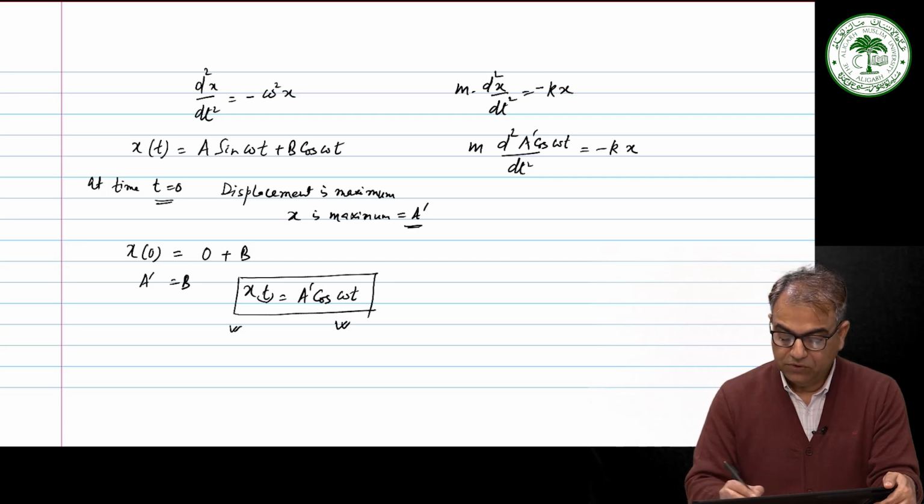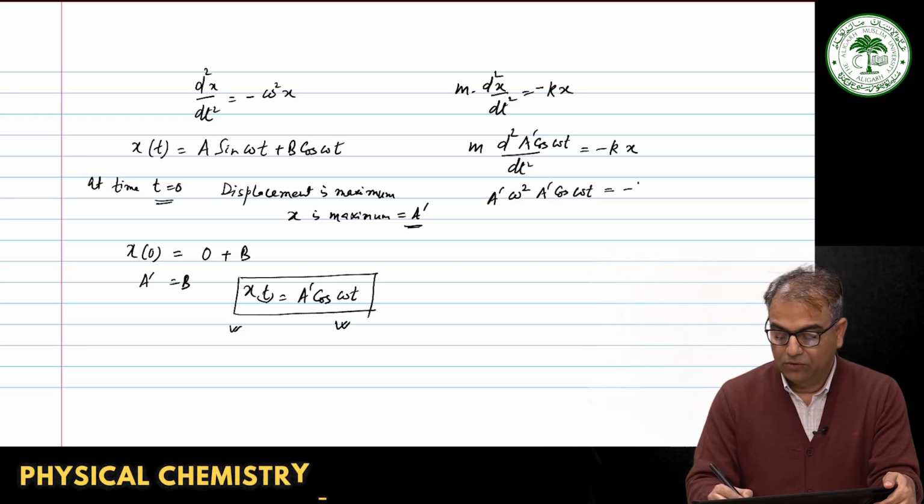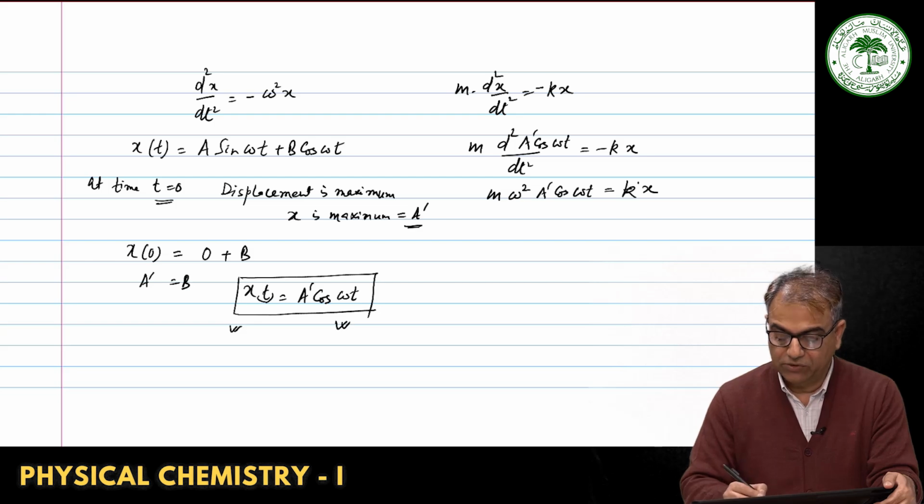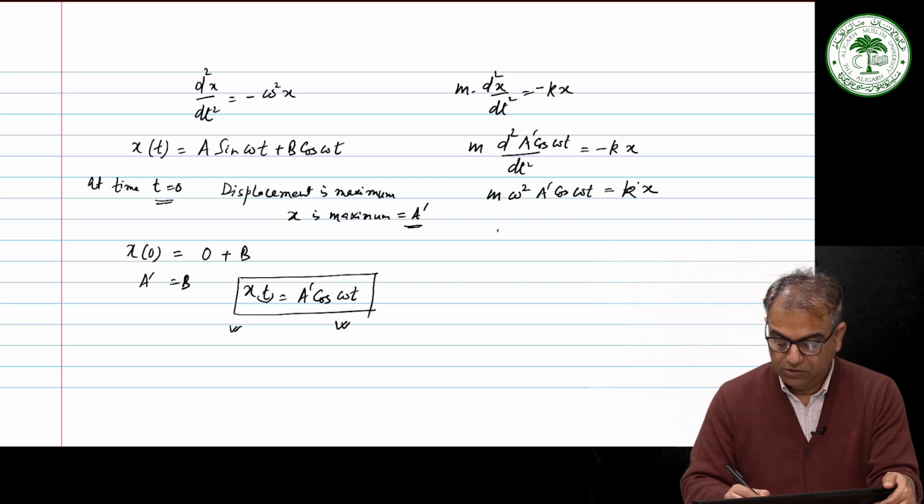If you double differentiate, you will get a negative sign, and this negative sign will go, and you will have A prime omega square cos omega t is equal to k into x, so it will be m omega square, and A prime cos omega t is equal to x, and this omega square is how much? It is k divided by m. So, we can write omega square is equal to k divided by m.